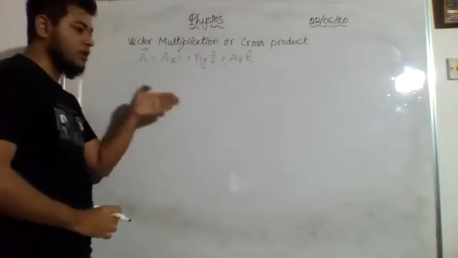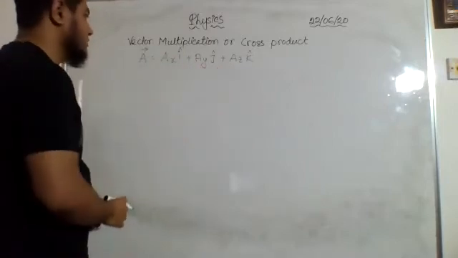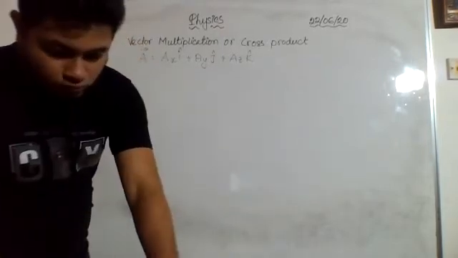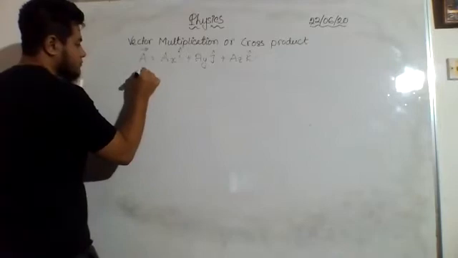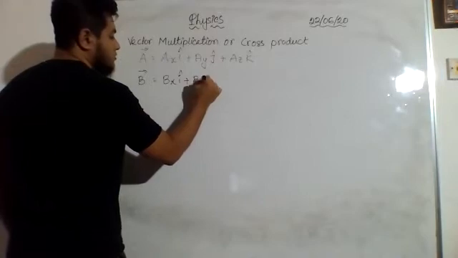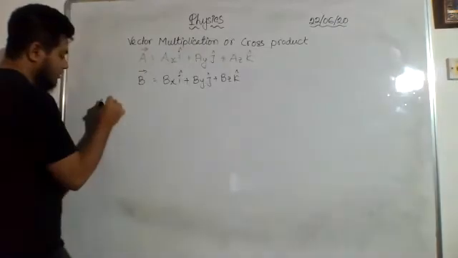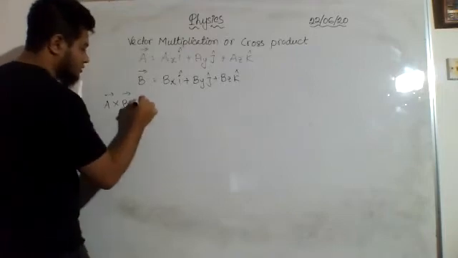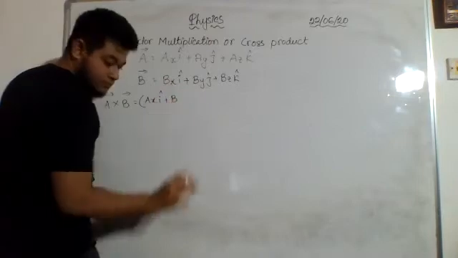AX is the component along the x-axis, AY is the component along the y-axis, AZ is the component along the z-axis. Similarly, I can write another vector B, which will be BX i plus BY j plus BZ k. As you remember, we are trying to find out the cross product.